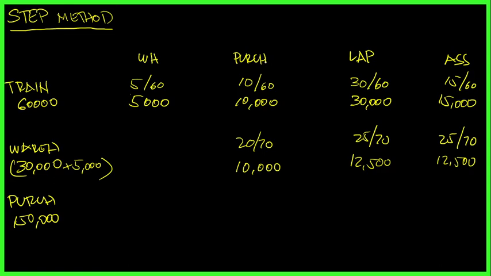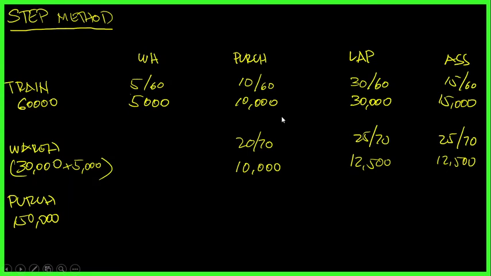And this one, so we're going to allocate purchasing costs. Okay, initially it's 150, but okay, out of 60,000 from training, 10,000 was allocated to purchasing. And out of 35,000 from warehousing, another 10,000 is allocated to purchasing.